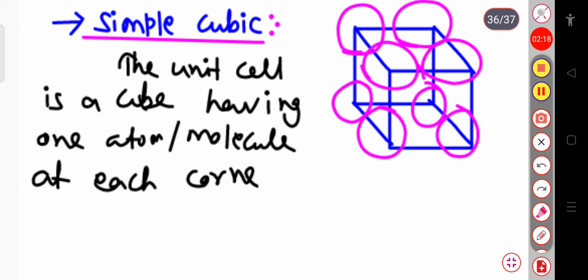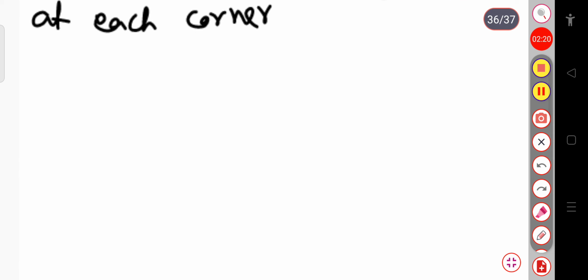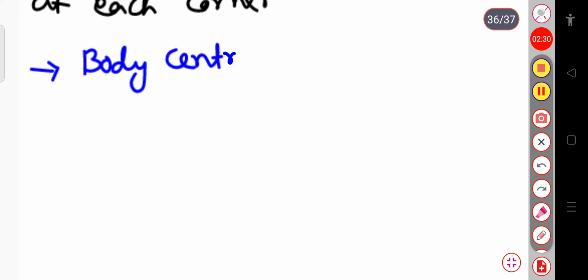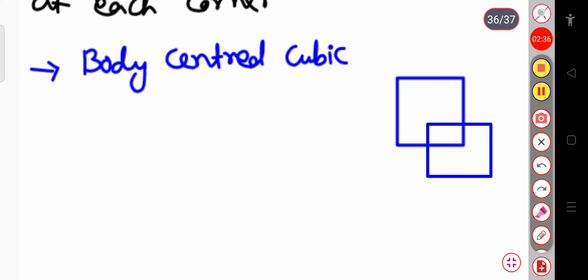Now we will discuss the body centered cubic. The second type is known as body centered cubic. In the body centered cubic structure, first of all, this is a cubic structure. Let me draw it.